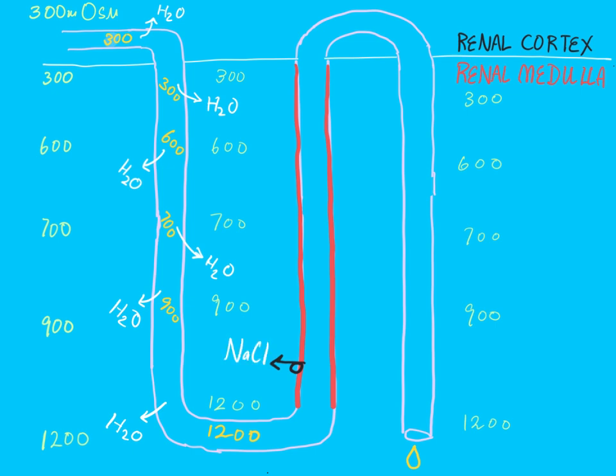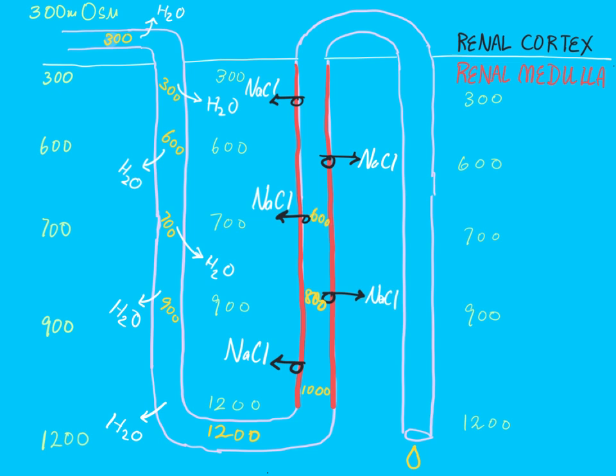Now when we go up the ascending limb of the nephron loop, it is impermeable to water, so no more water leaves the tubule. However, there are pumps shown in black that pump out sodium chloride. This causes the fluid inside the ascending limb to become more dilute as you go higher.